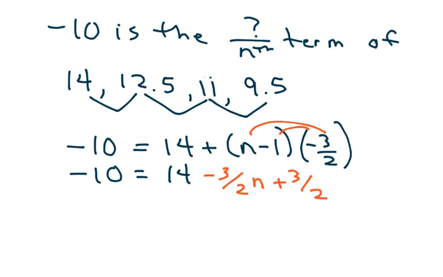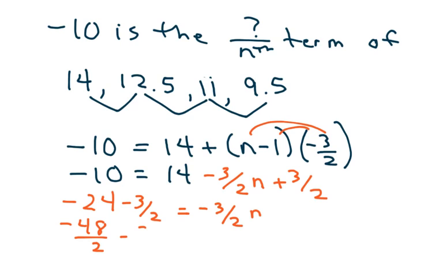And then you're going to solve for this. If you subtract the 14, you get -24, and you're subtracting 3/2 from that, equals -3/2 n. And so this will be -48 over 2 minus 3/2 equals -51 over 2, which equals our -3/2 n.